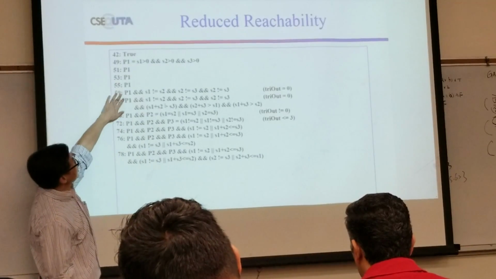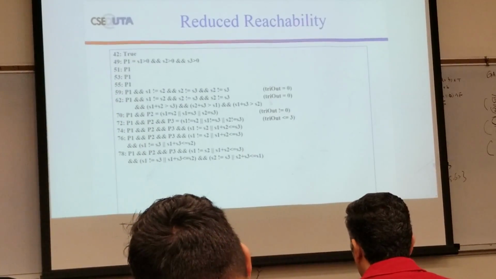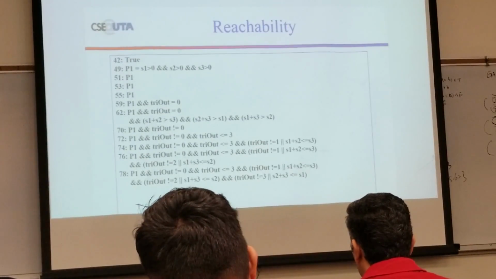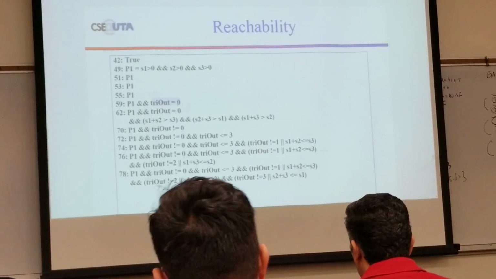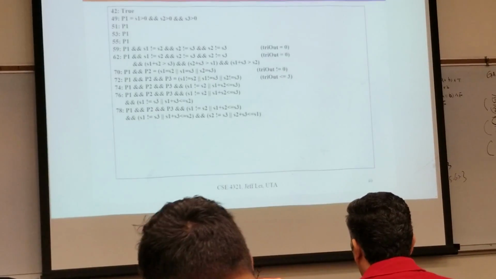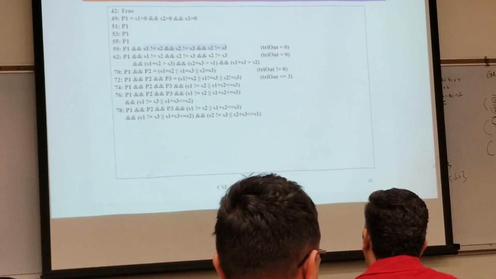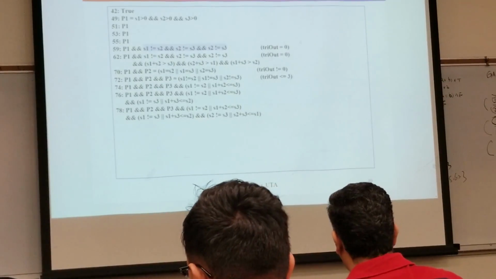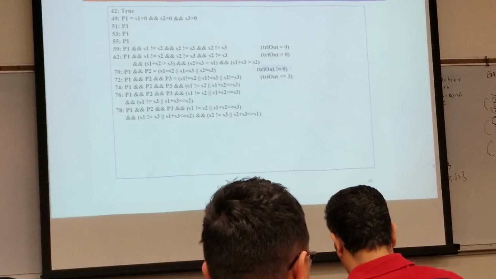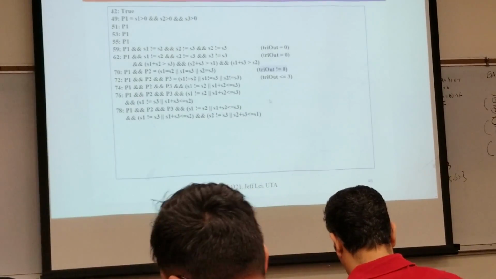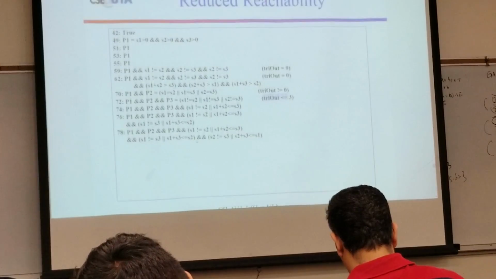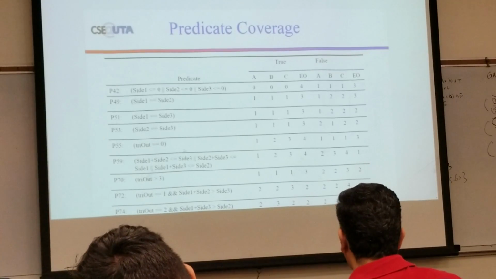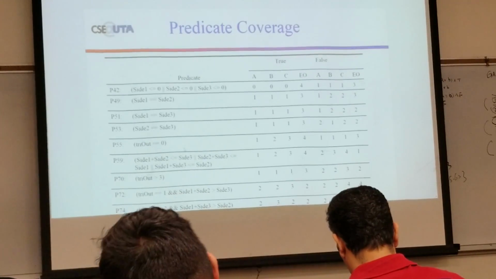So basically, it's a rewrite. If you look at the reachability condition for 59, you have tryout equals 0, that's an internal variable. We have to rewrite that condition in terms of the 3 external variables. We do that for every reachability condition that involves tryout, so that we have all the reachability conditions written in terms of external variables, S1, S2, S3.